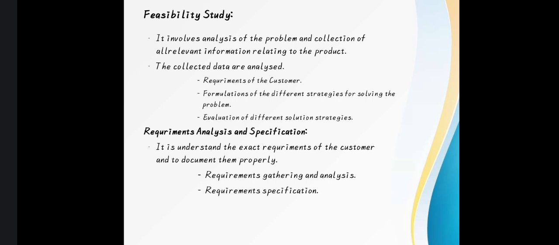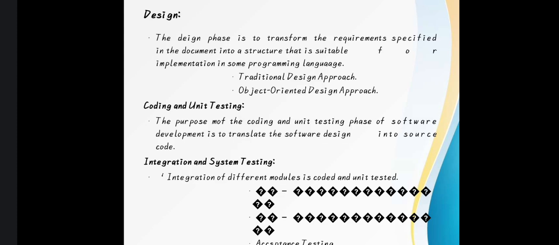The collected data are analyzed: requirements of the customer, formulations of the different strategies for solving the problem, evaluation of different solution strategies. Then requirements analysis and specification is to understand the exact requirements of the customer and to document them properly: requirements gathering and analysis, requirements specification.